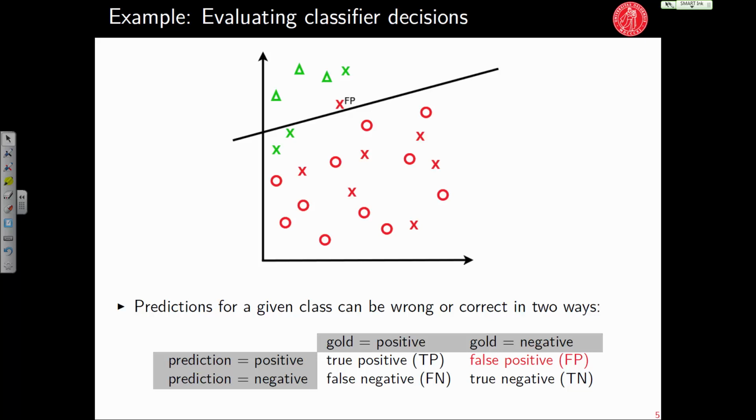So the output was positive, but this output is false. Therefore, it's called false positive. So this is one way in which the classifier can make mistakes. Normally this type of mistake is referred to as type 1 error. So you will find it in the literature referred to as false positive or type 1 error.